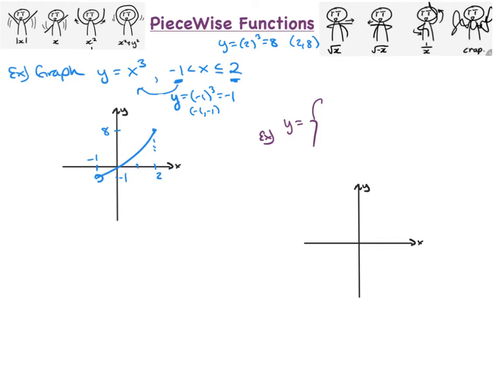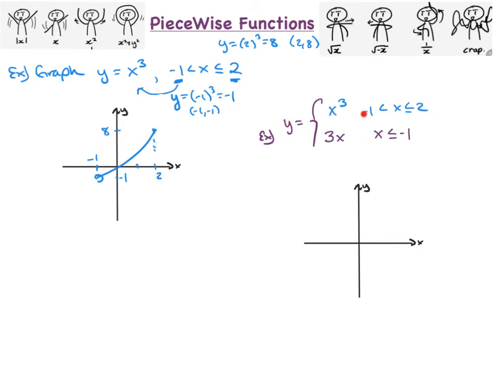So maybe I put in blue y equals x cubed when x is between negative 1 and 2. And let's do something nice and easy. Let's graph y equals 3x when x is less than or equal to negative 1.